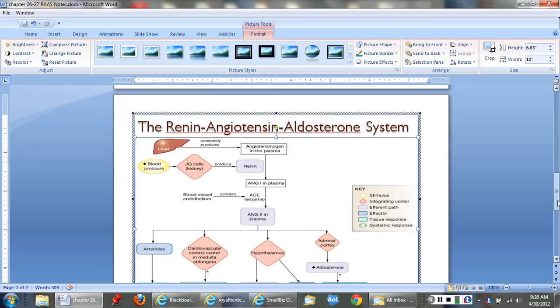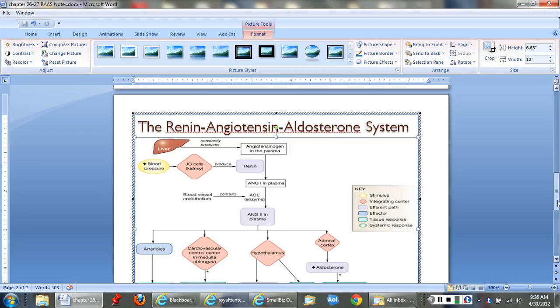So the low blood pressure, you look under the liver in the picture, you have low blood pressure. So what that's saying is under conditions where blood pressure is low, the juxtaglomerular cells, you all don't have to know that, but that's what that is, certain types of cells found in the kidneys, produce renin.